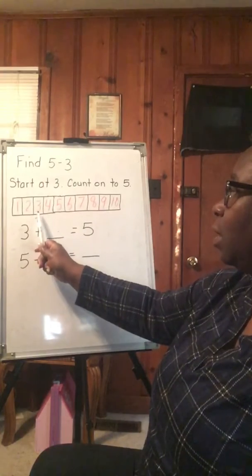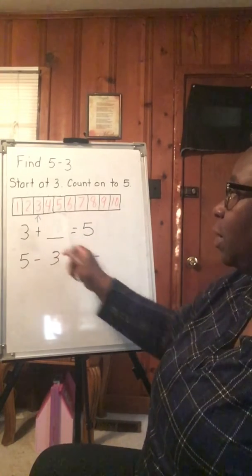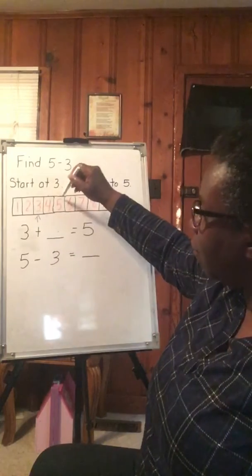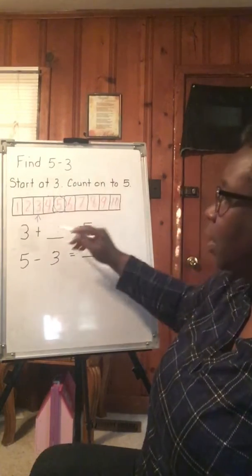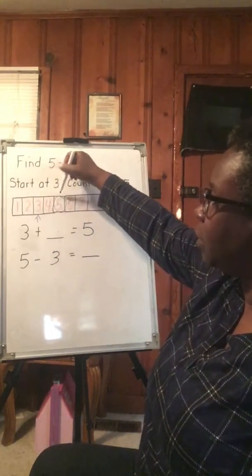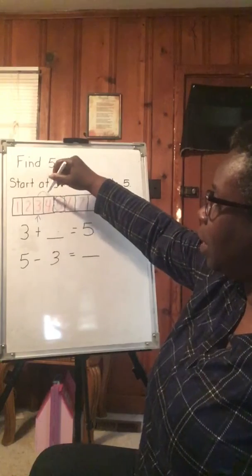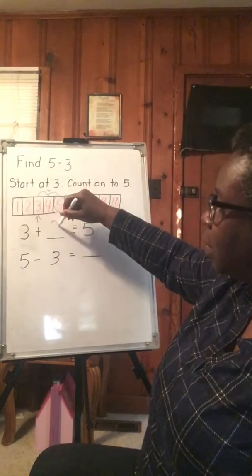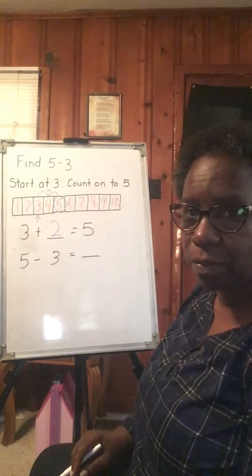So we got 3, and we know we have 5. So we're going to start at 3, 4, and 5. To find this number, how many spaces did we go from 3 to 5? 1, 2. We went up 2 spaces, so we know that this answer is going to be 2.